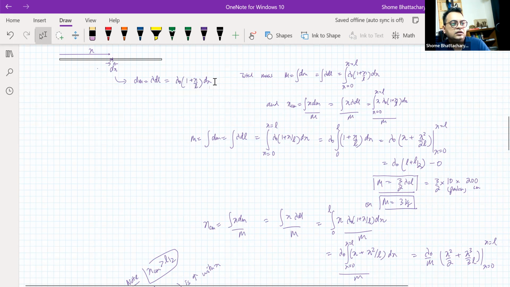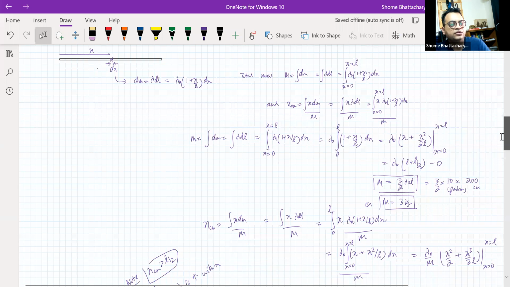Then the total mass is the integration of dm, done from x equal to 0 to x equal to L. Completing this integration gives us this value, 3 by 2 lambda naught L, which in this case comes out to be 3 kg.